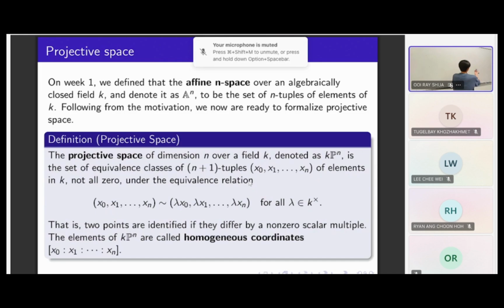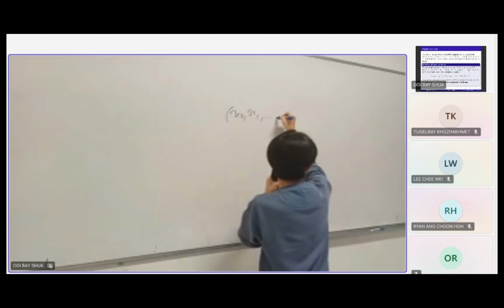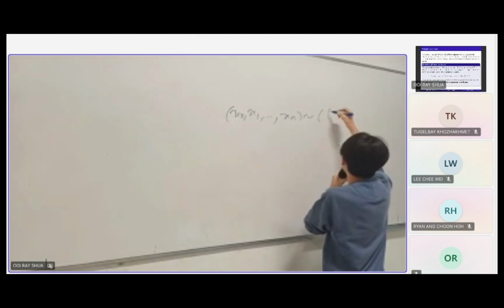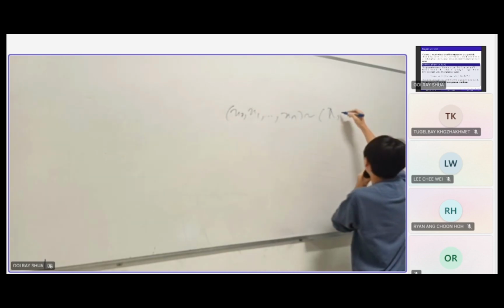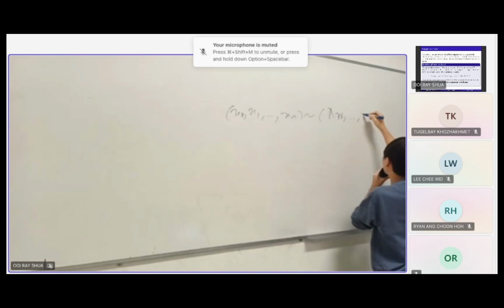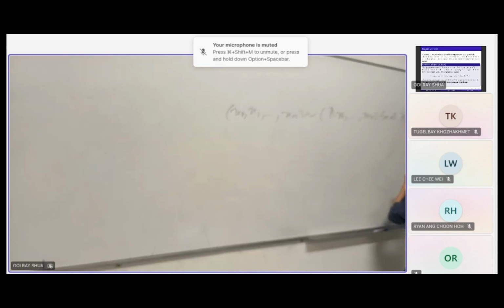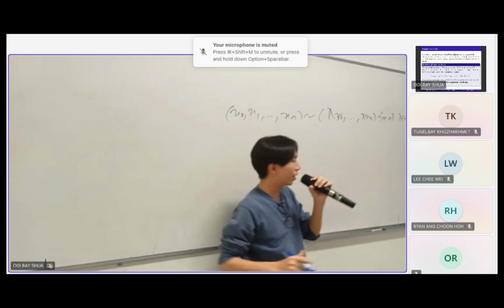If you look at there, (x0, x1, ..., xn) has a relation with (λx0, λx1, ..., λxn) for all λ in K, but not zero.